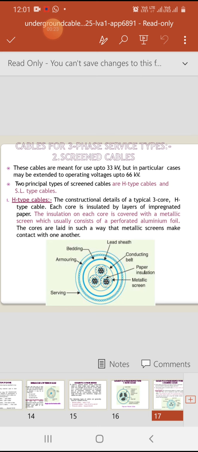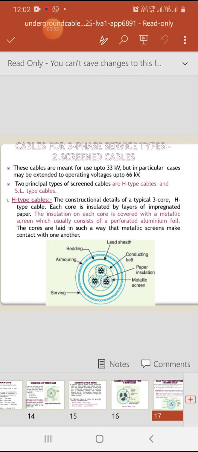Here each core is insulated by a layer of impregnated paper, and the insulation on each core is covered with a metallic screen, which usually consists of aluminum foil. The cores are laid in such a way that the metallic screens make contact with one another, and an additional conducting belt is wrapped around the three cores.